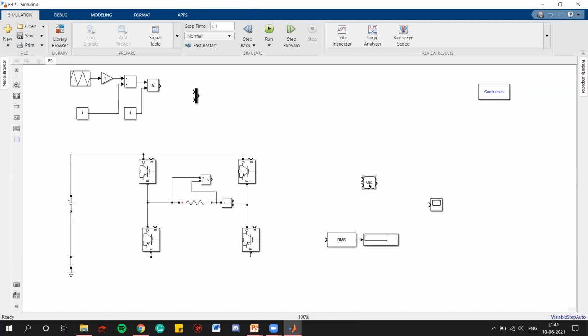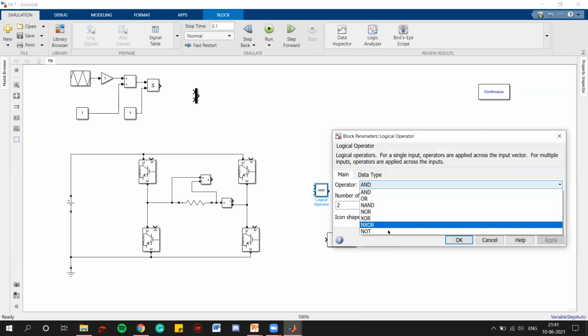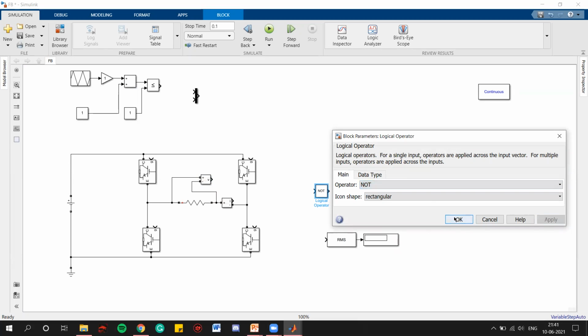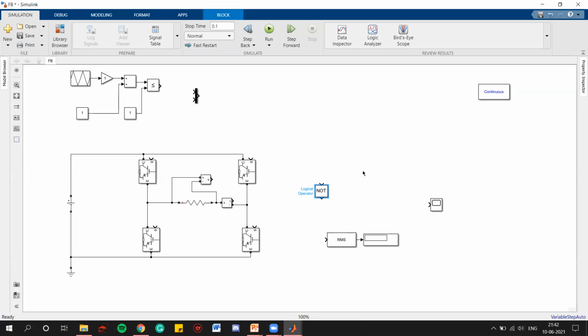Right. Let's change this AND gate to NOT gate. And the NOT gate will go here as well as here.